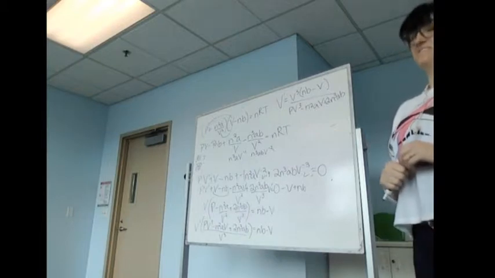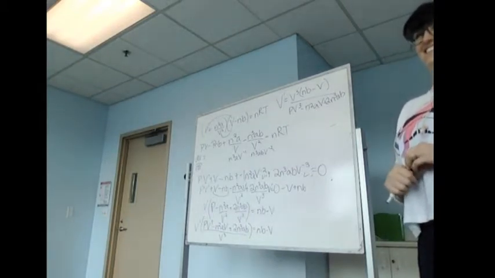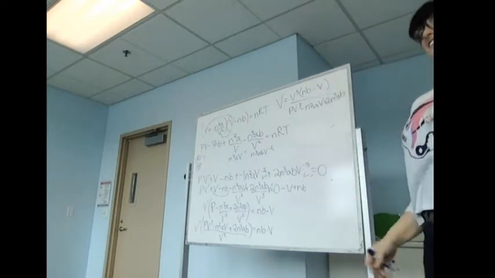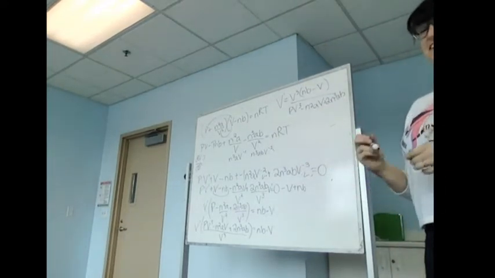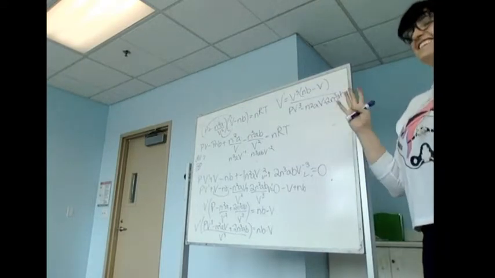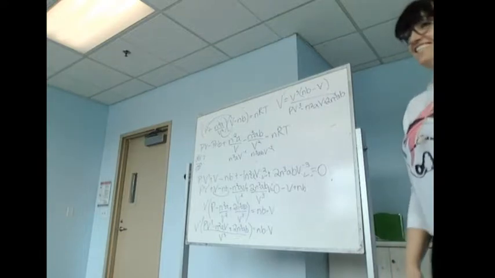Isn't it beautiful? The suspense is over. We know how to do it, all because that stupid n is a constant.